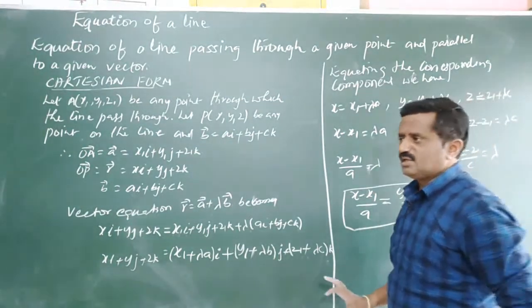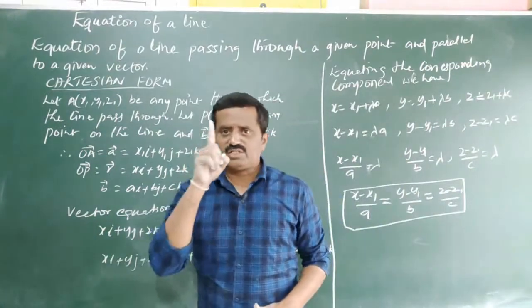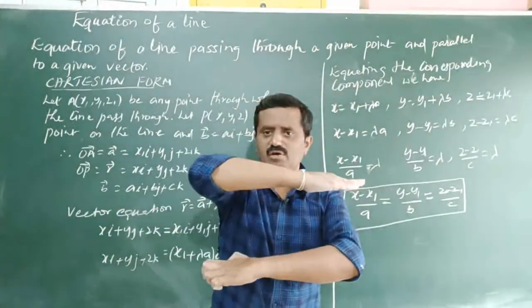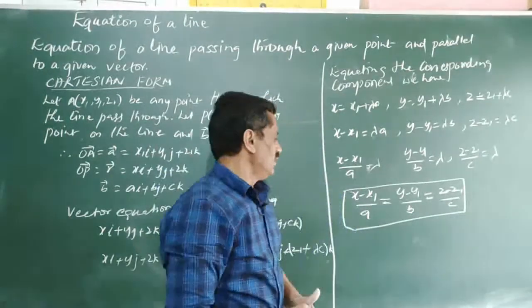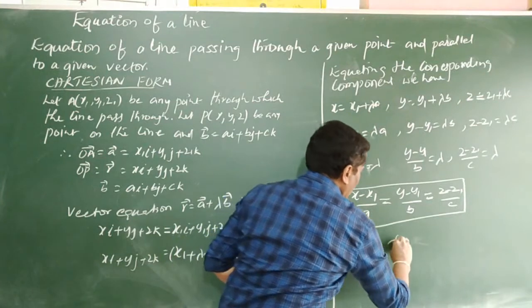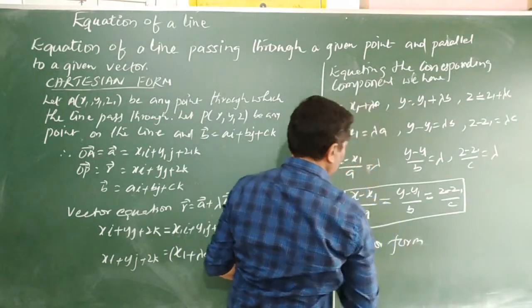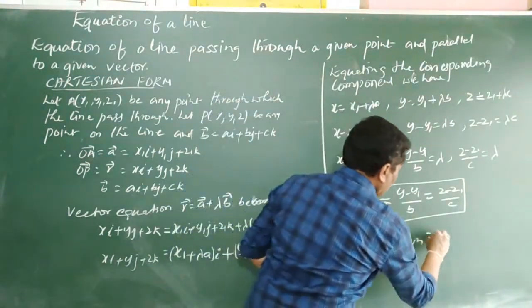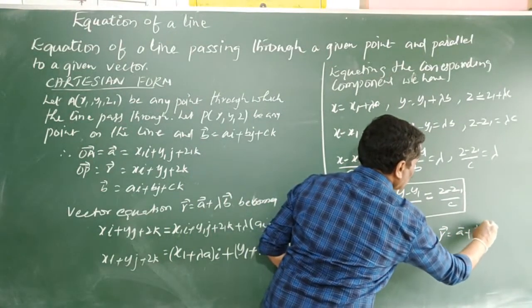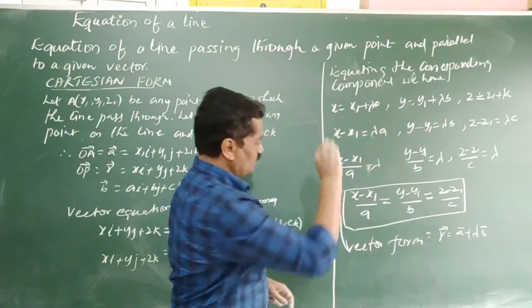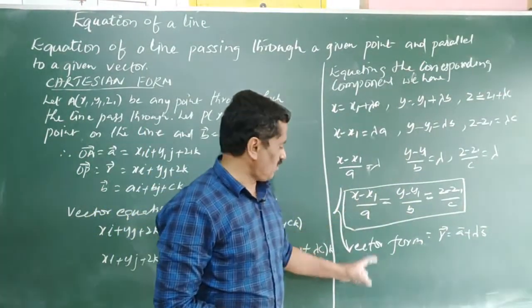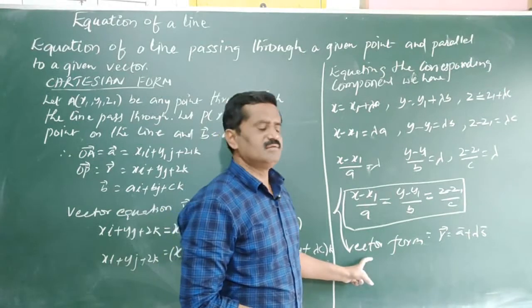Dear children, you must remember the equation of a straight line passing through a given point and parallel to a given vector, both in vector form as well as Cartesian form. We have the vector form, that is r bar is equal to a bar plus lambda into b bar. You should remember both. This is the Cartesian form, and this is the vector form.